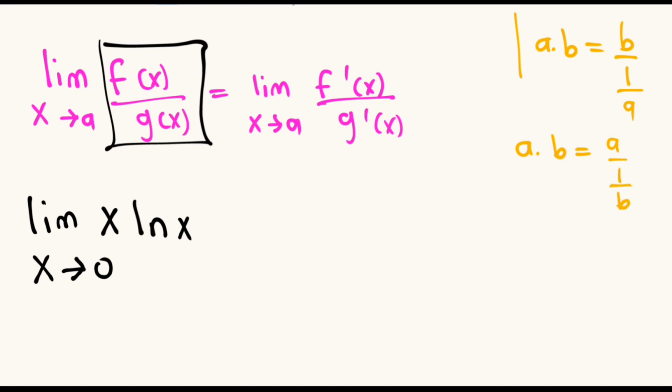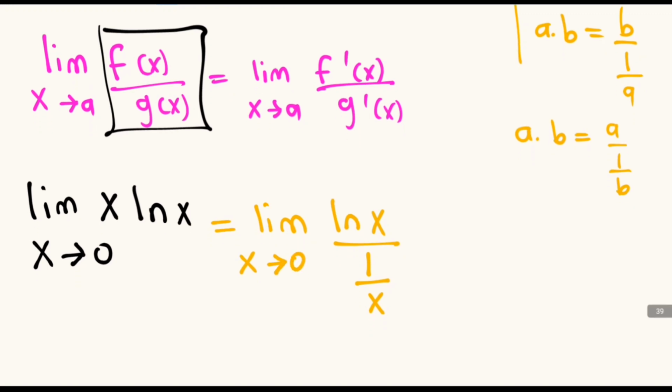So we can express the limit of x multiplied by ln x as the limit of ln x divided by 1 over x as x approaches 0. So now we have a fraction of functions, so we can now apply L'Hopital's rule.